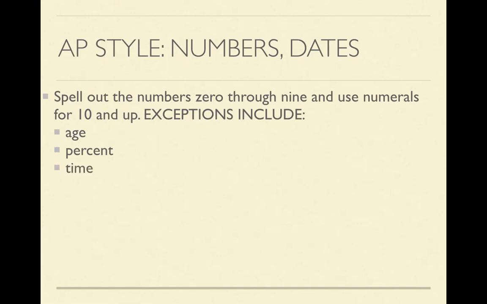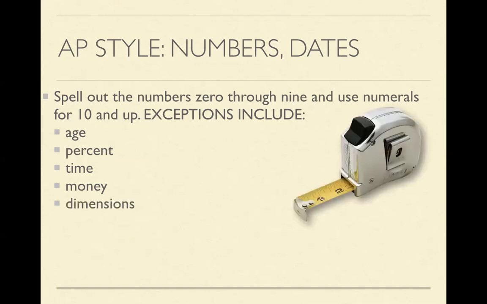Time is the same way. So if you say the city council meeting is at 6 p.m., you're not going to spell out the word 6. Money is the same thing. So $5, even if that's under 10, obviously, you're not going to spell out the word 5. You're going to write numeral 5, and you're going to put a dollar sign in front of it.